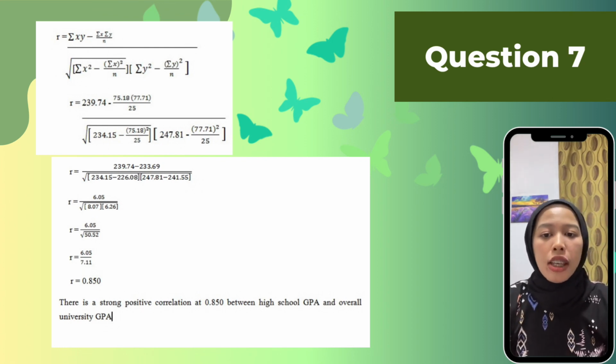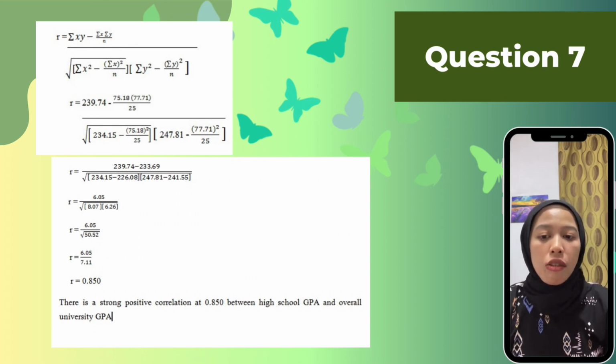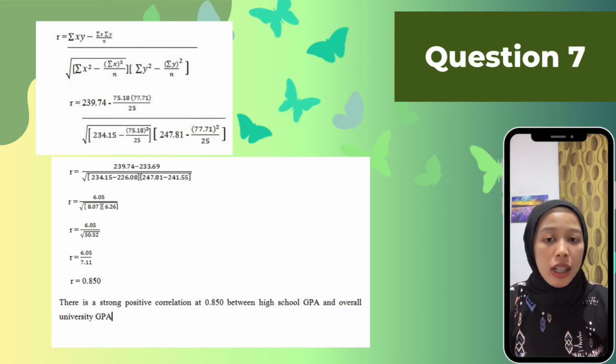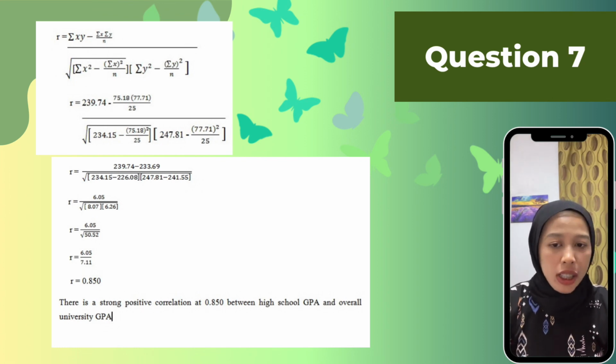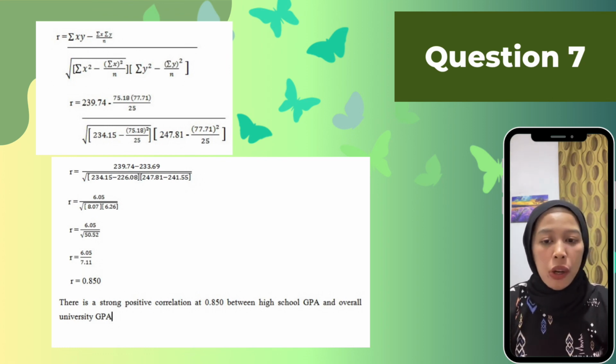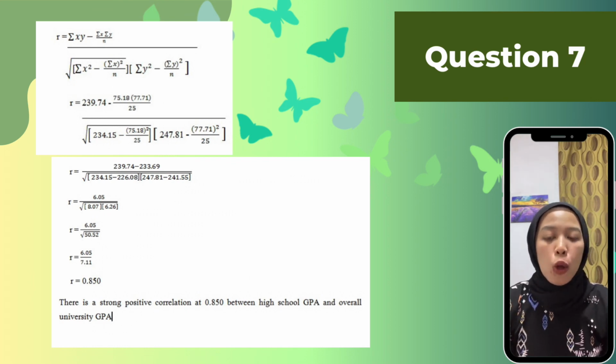So, R is equal to 239.74 minus 75.18 bracket 77.71 close brackets divided by 25 per square root of brackets 234.15 minus 75.18 square divide 25 close brackets and brackets 247.81 minus 77.71 square 25.